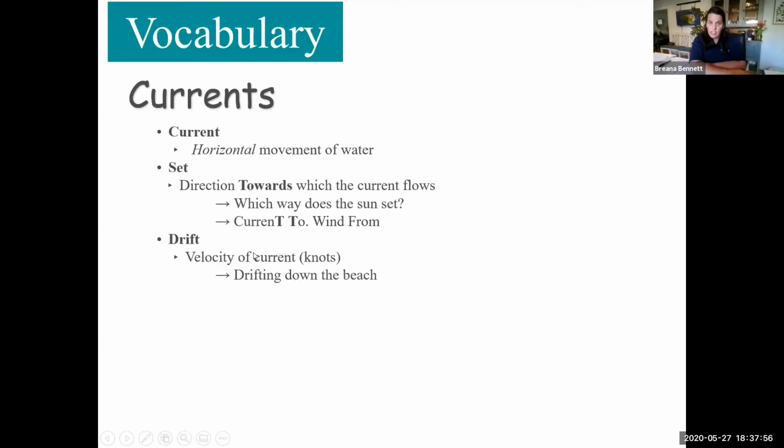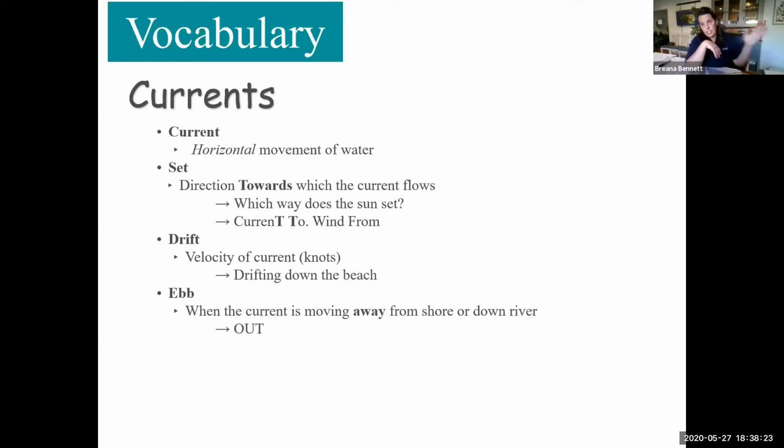Drift is our velocity of current. How quickly are you drifting down the beach? It's a speed, it's a velocity, and we say that in knots. Ebb is when the current is moving away from shore or down river, or away from the harbor, out of the harbor.